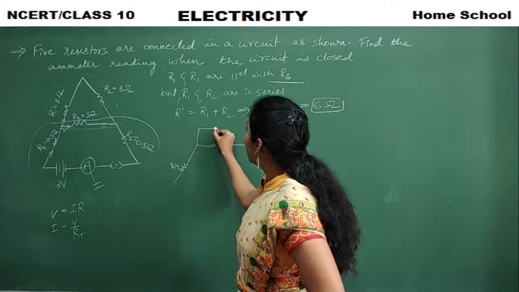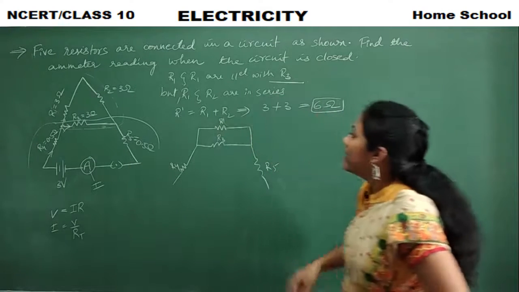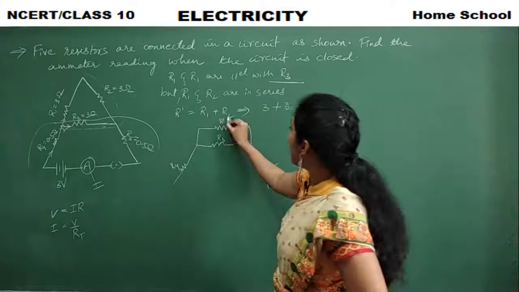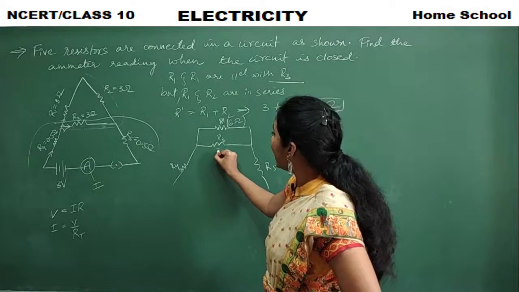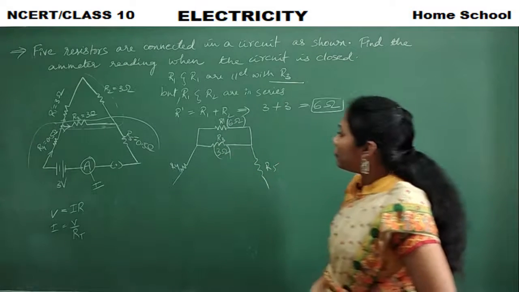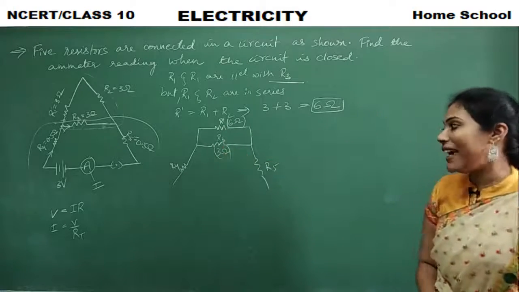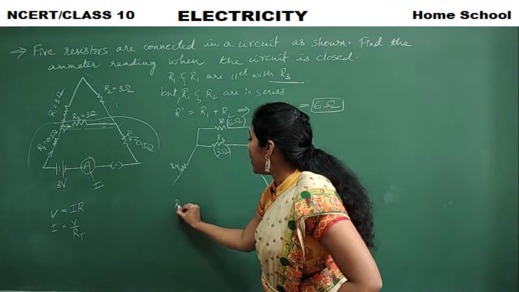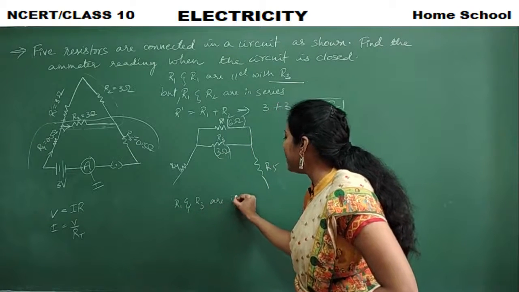So now this is actually your R dash. Now R dash is how much? R dash is 6 ohms. R3 is how much? R3 is 3 ohms. Now you have to finish off this and this, right? R dash and R3 are in parallel now, right?